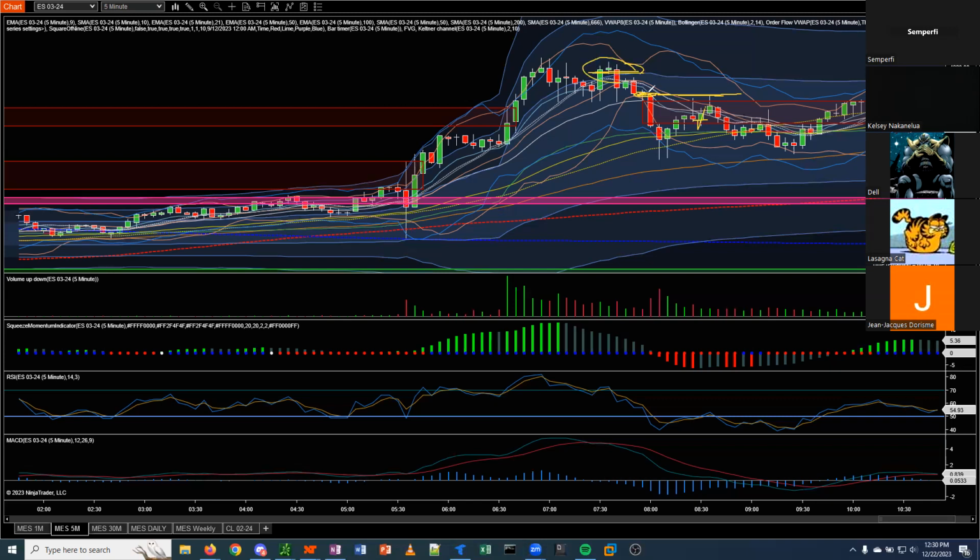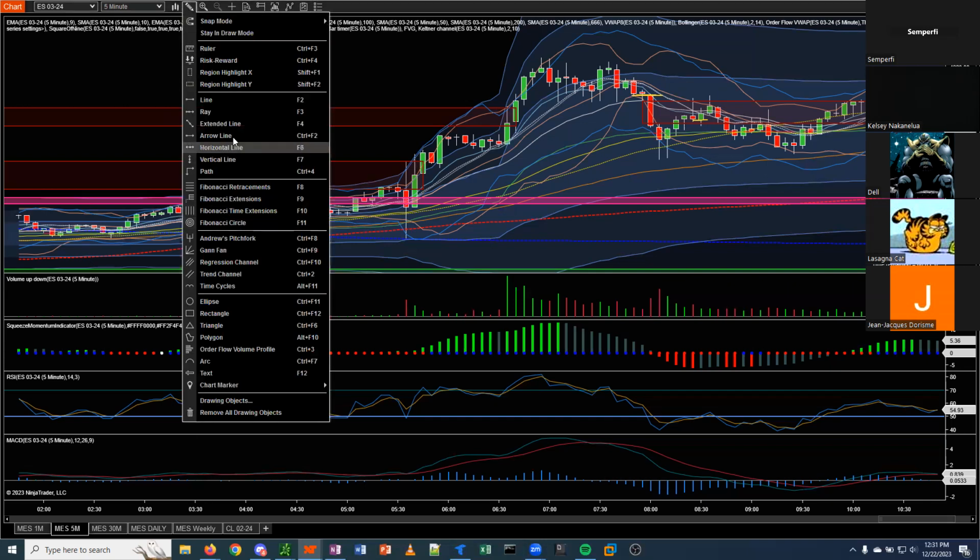You want to see two or three candles right here for that to be considered strong structure. But there is a possibility that if you draw a line right here on this one, they'll line up with all these other dojis over here.